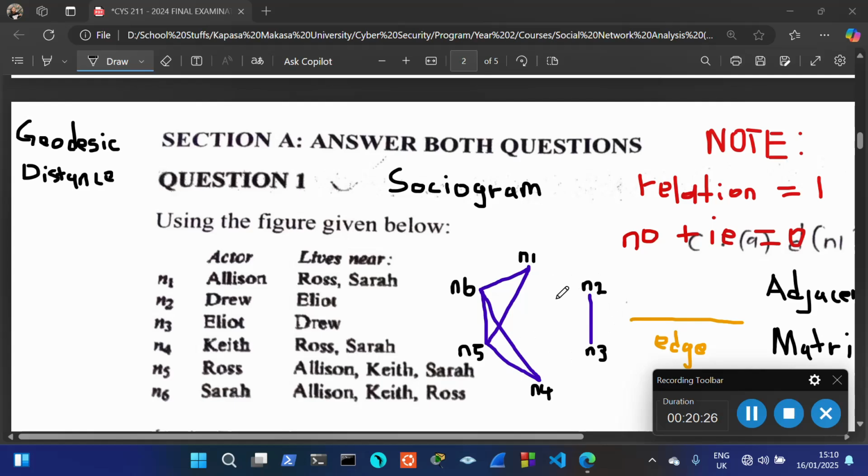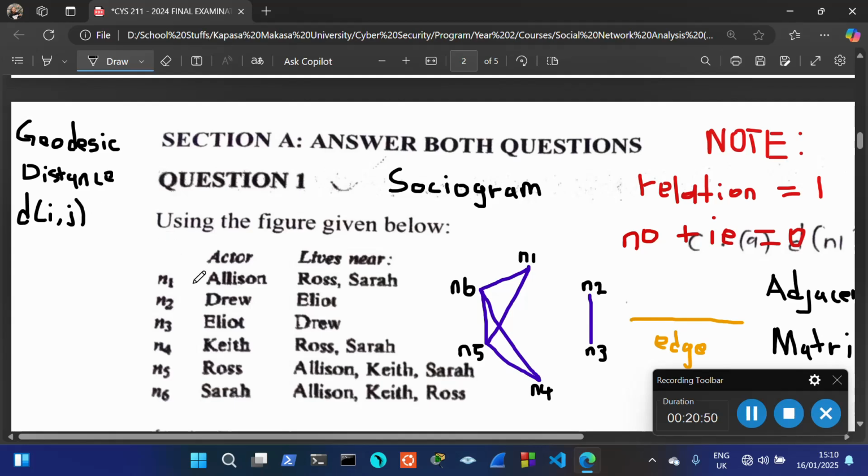It is denoted by d for distance as usual, then i comma j, where i comma j represents the first node and its relation to the second node.